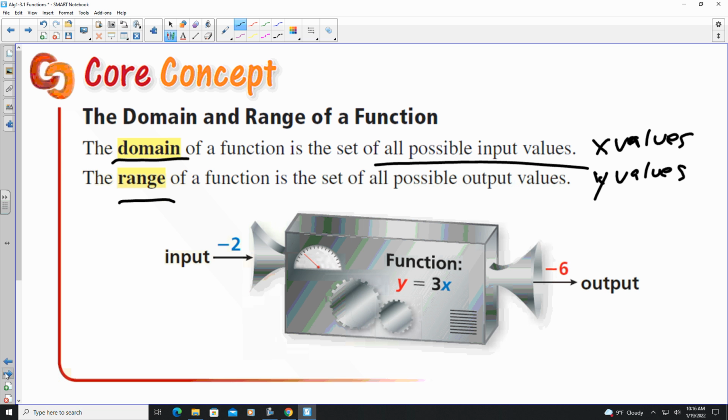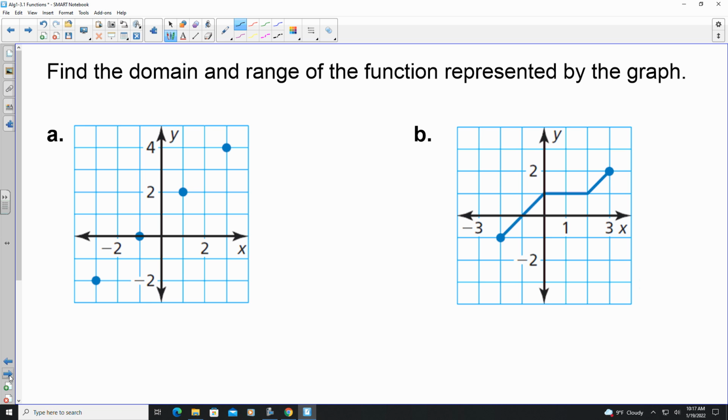So it's a way of showing how to determine every value for x and every value for y without making a list. Sometimes you have to make a list depending on the situation, though. So if you look at example A, you just have points on a graph.